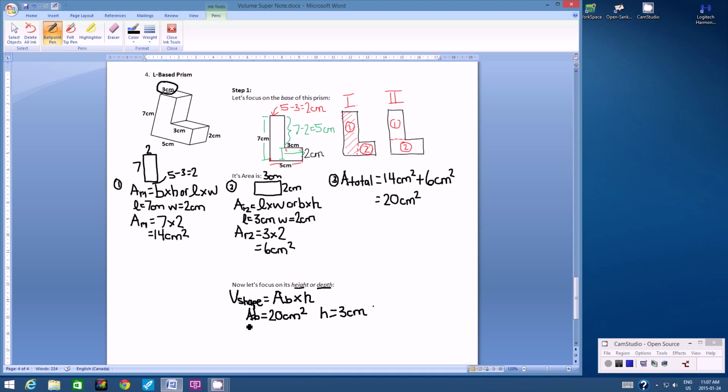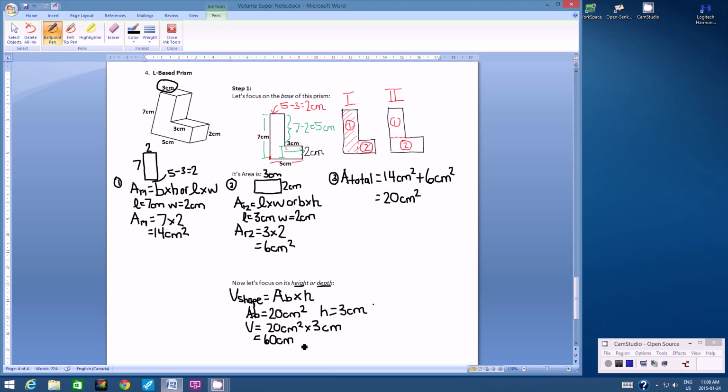All right, so this should be an easy multiplication question. Volume equals 20 centimeters squared times 3 centimeters. Well, using your calculator, 20 times 3 is 60 centimeters cubed.